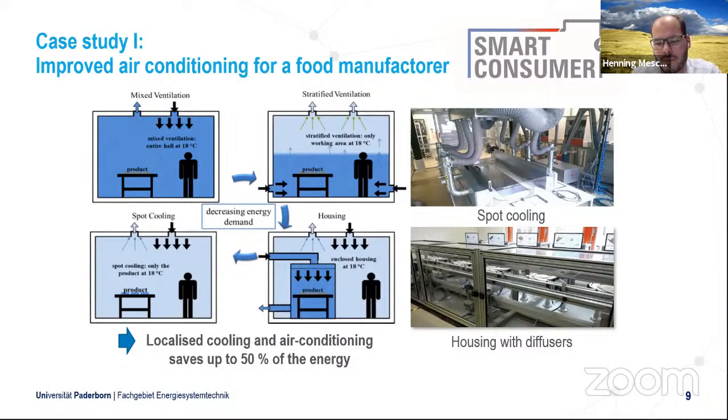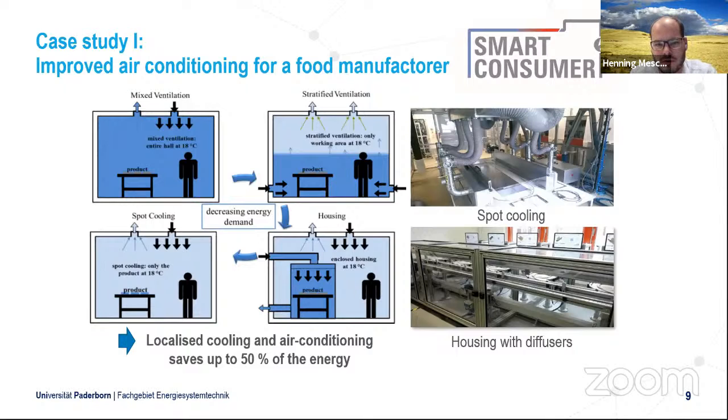And that on the one hand was very energy efficient, because now we just have to cool down a smaller volume. So you see that we can save up to 50% of the energy by using this encapsulation. And on the other hand, we make the system more flexible.